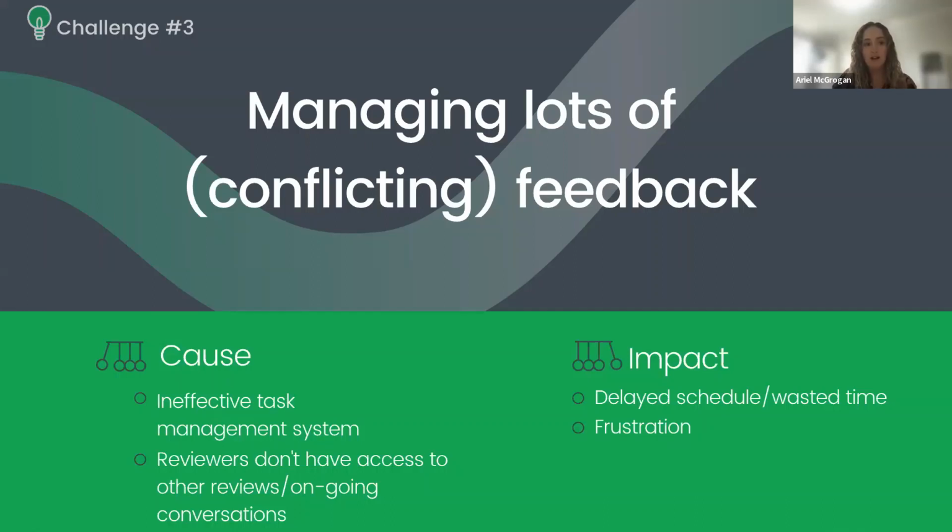And the second cause here is reviewers not having access to other reviewers' comments and not being able to participate and engage with other reviewers. And the impact here is a delay in schedule. Obviously, dealing with a huge ineffective task management system takes time and it wastes time. And then also dealing with conflicting reviews is time consuming and frustrating.